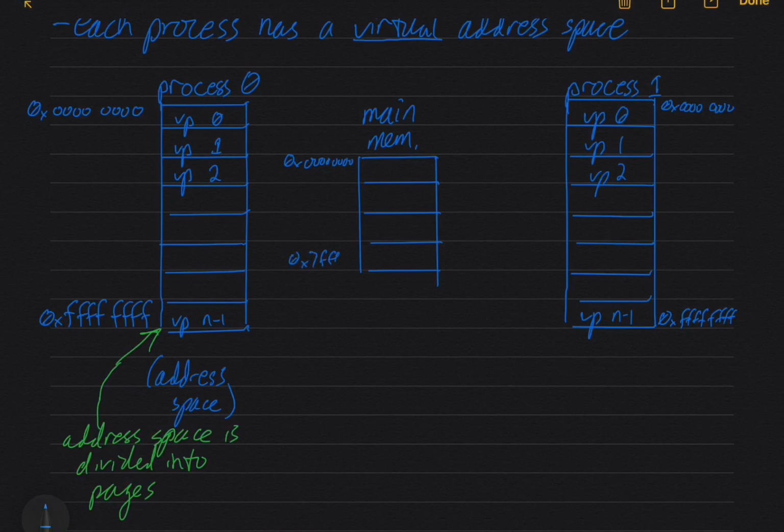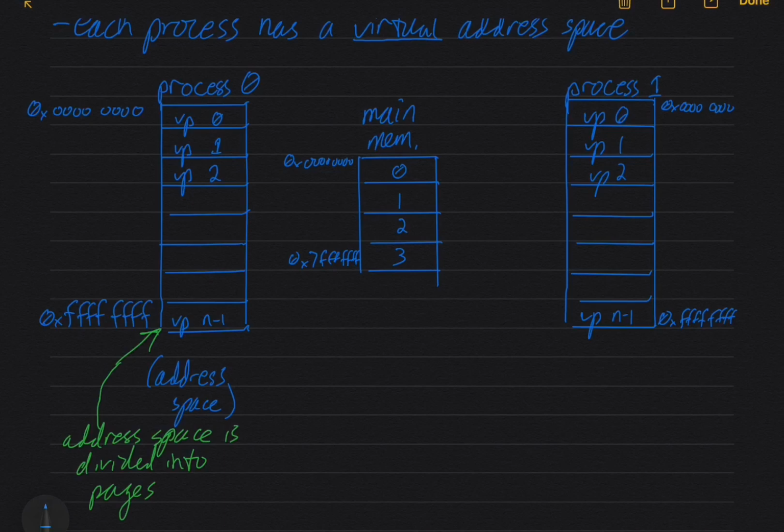So that would be 7FFF. Anyway, with 32 bits, you can address 4 gigabytes. And so for main memory, let's just say we've got 2 gigabytes. It's also divided into pages, and I'll number them 0, 1, 2, and 3. For some reason lost in time, these are called page frames, but they're pages in the real memory. It's just a logical subdivision of main memory.